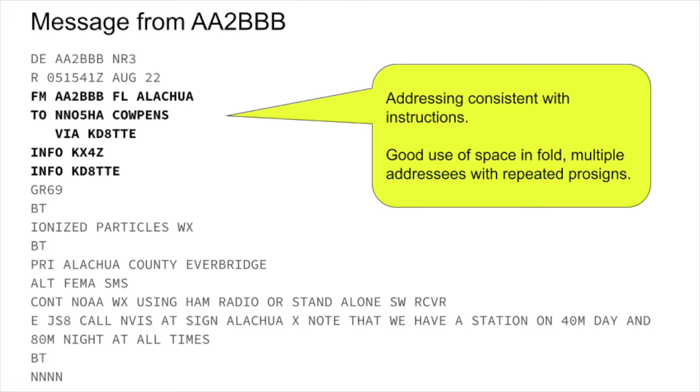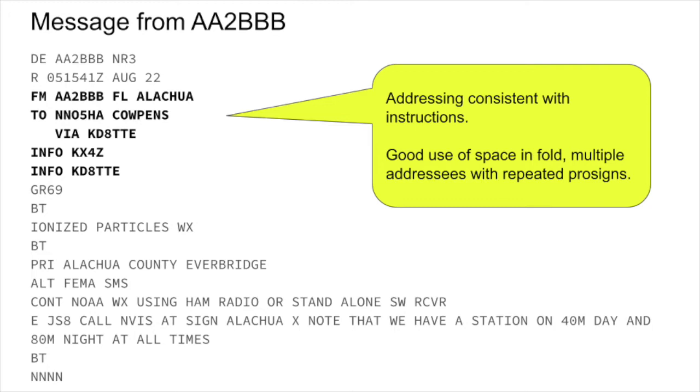By putting the spaces before via, we can see clearly this is a continuation, so that's a good use of the space there. We also have two information addressees. They are KX4Z and KD8TTE. Again, by having the prosign that goes with them, we can see what it is.